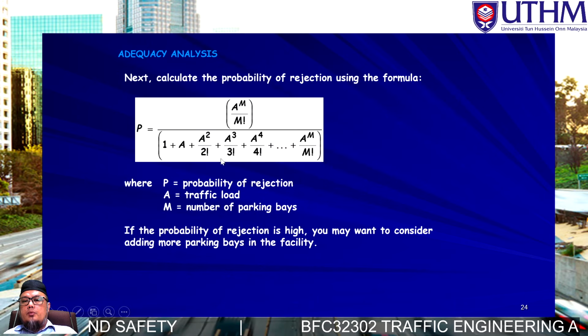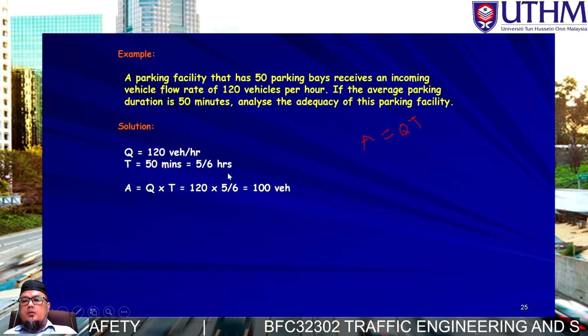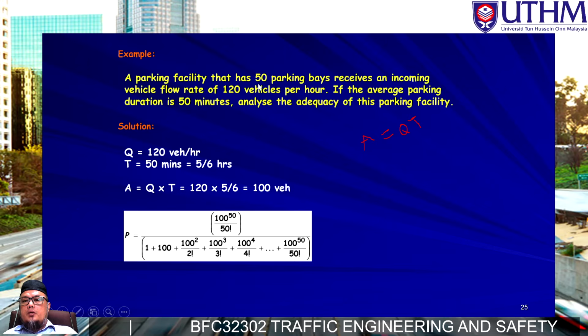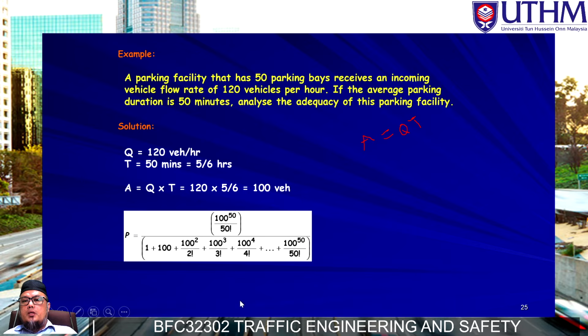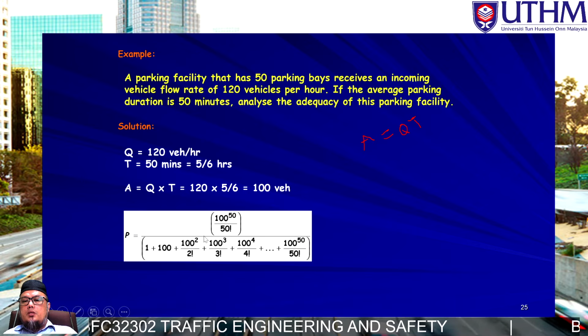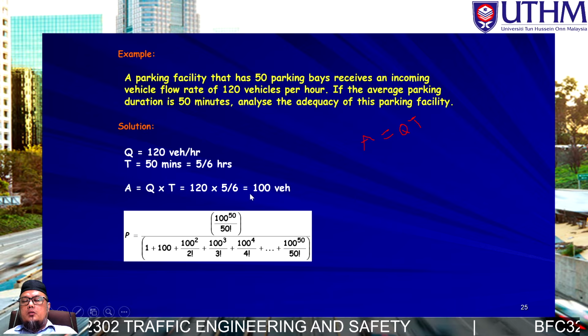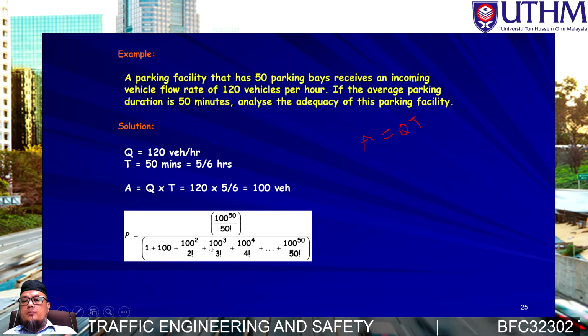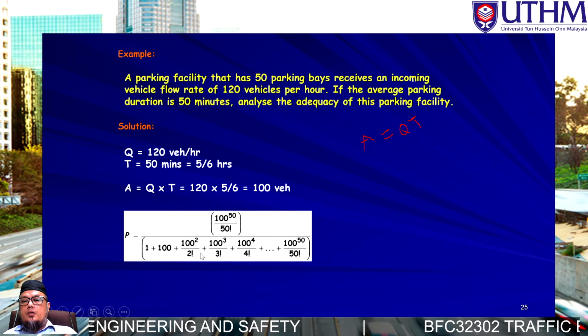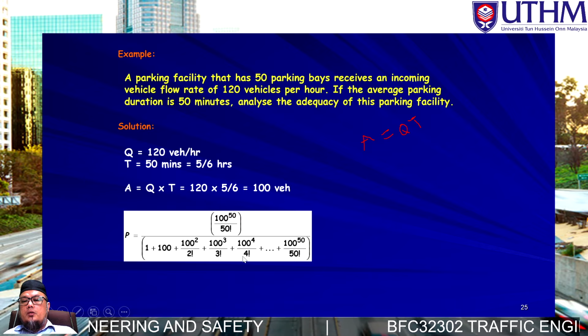This one is the probability formula. We use M as the parking space or parking lot. A is the traffic load, and we have to calculate it with 50 factorial, so it is repeated.